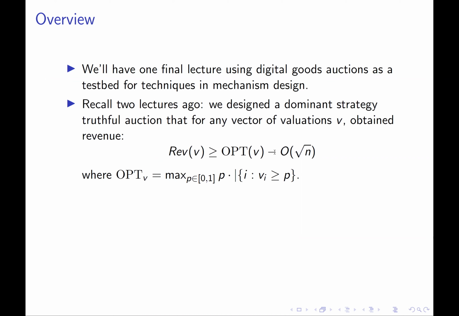In particular, if you remember back 2 lectures ago when we used the polynomial weights algorithm to derive an online auction for digital goods, we were able to obtain a dominant strategy truthful mechanism that had the revenue guarantee that it could, up to some additive error, approximate the revenue of the best fixed price in hindsight. And that additive error scaled with square root of n, square root of the number of bidders. And that was actually sort of the best we have done so far in this setting, right?